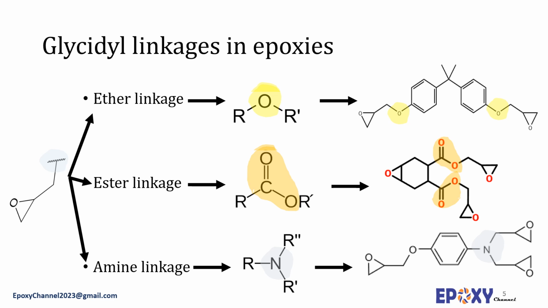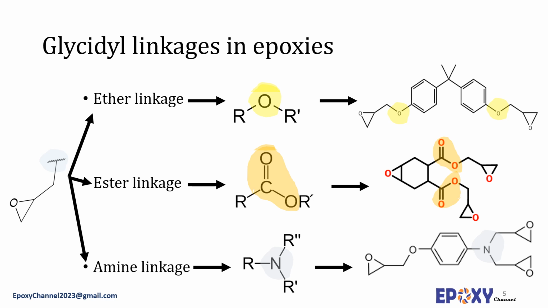The formula is ROR prime. Their molecular weight is bigger than 46 grams per mole, and they are generally basic. Ether can act as a Lewis base because of the lone pair of oxygen that they have. The ether linkage of glycidyl has been presented here.